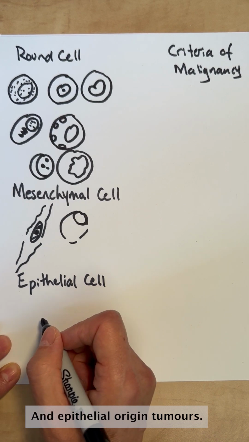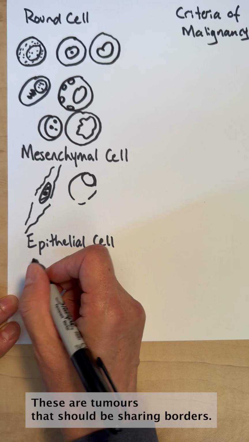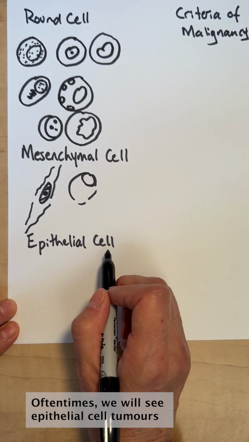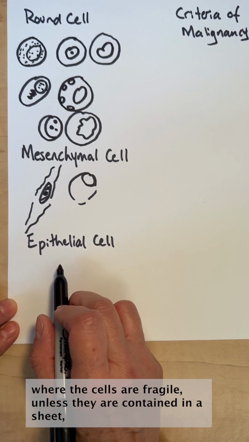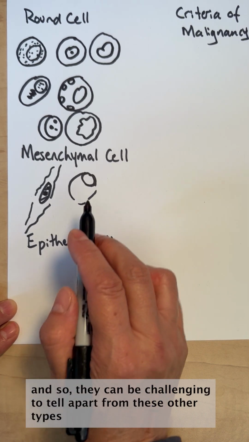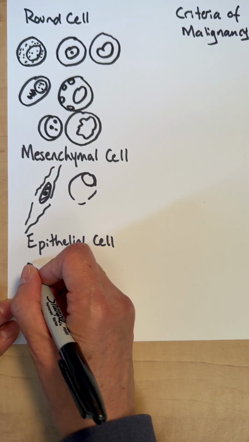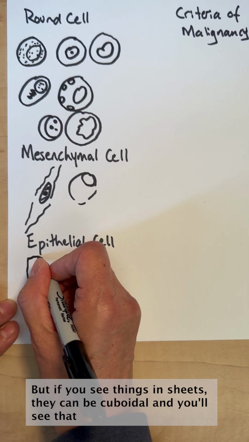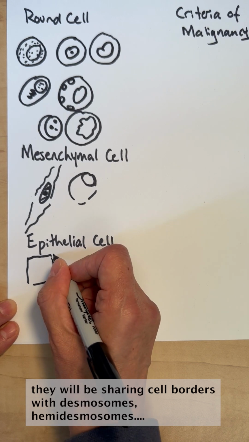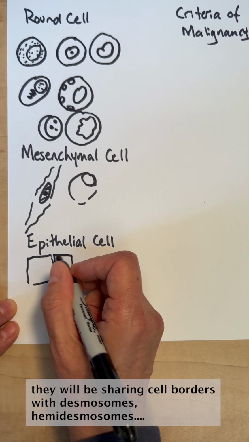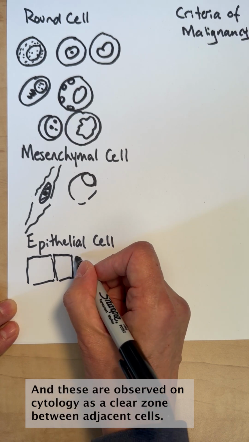And epithelial origin tumors. Think back to histology. These are tumors that should be sharing borders. Oftentimes we will see epithelial cell tumors where the cells are fragile unless they are contained in a sheet. And so they can be challenging to tell apart from these other types because they will have funny looking cytoplasmic margins. But if you see things in sheets, they can be cuboidal, and you'll see that they will be sharing cell borders with desmosomes, hemidesmosomes, and these are observed on cytology as a clear zone between adjacent cells.